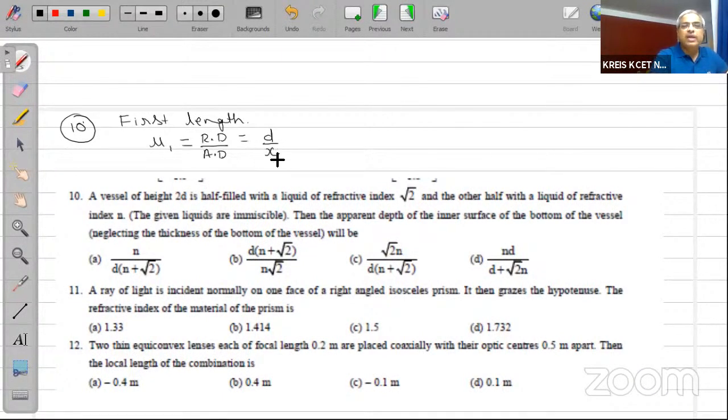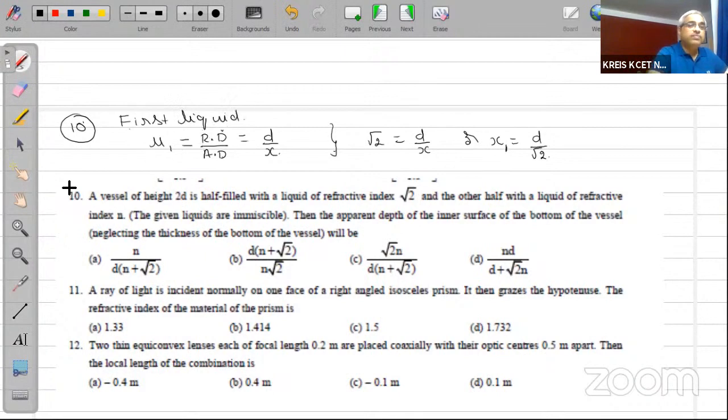The first half is filled with a liquid of refractive index √2. I have taken d instead of 2d because it is half of that. Therefore √2 is equal to d by x, or in other words, x will be equal to d by √2. This is purely for the first liquid.